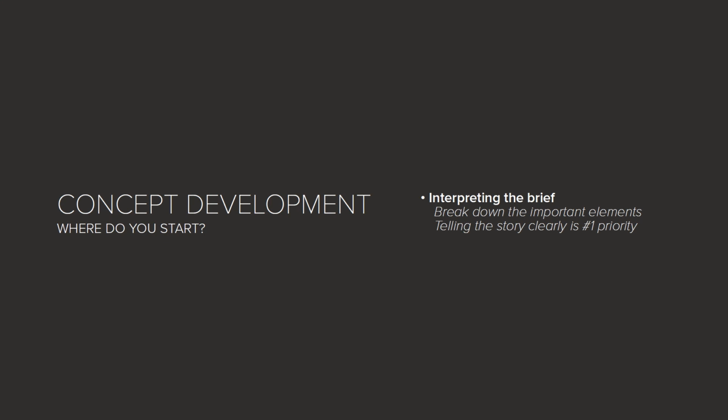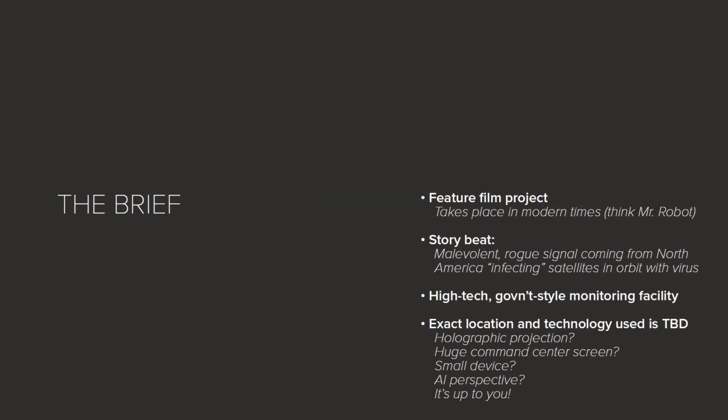If it's helping to tell the story clearly, then it stays in. If it's muddying the image, if it's confusing things, if it's taking away from what that key story element is, it's out. So we're always going to use that. So let's start by actually interpreting the brief. I'm actually going to go back to the brief slide so that we can kind of see this.